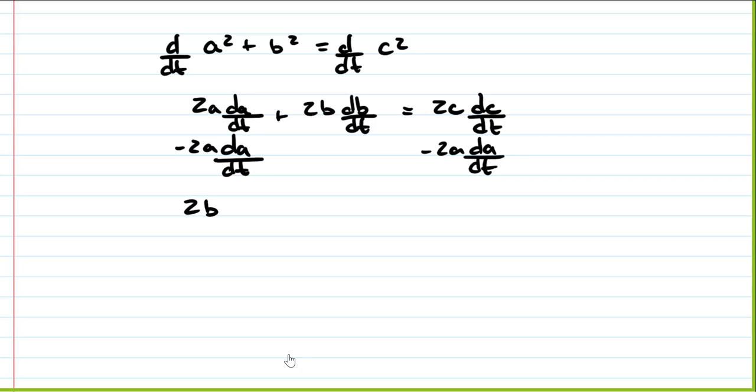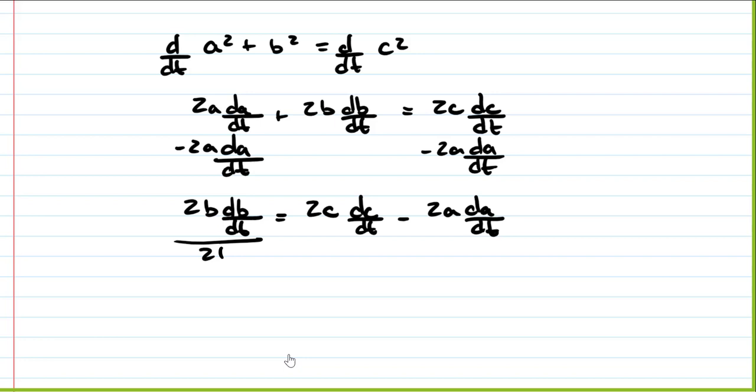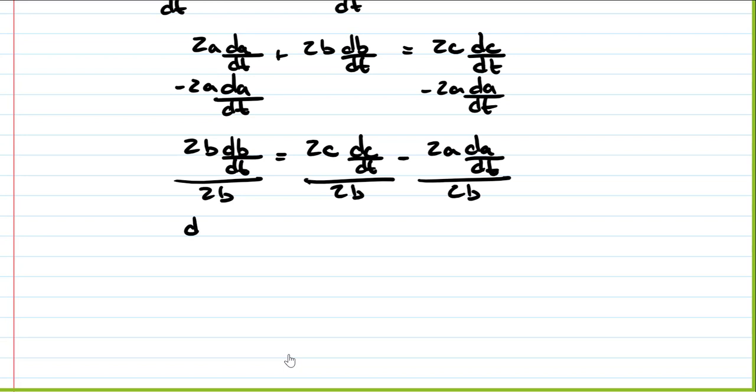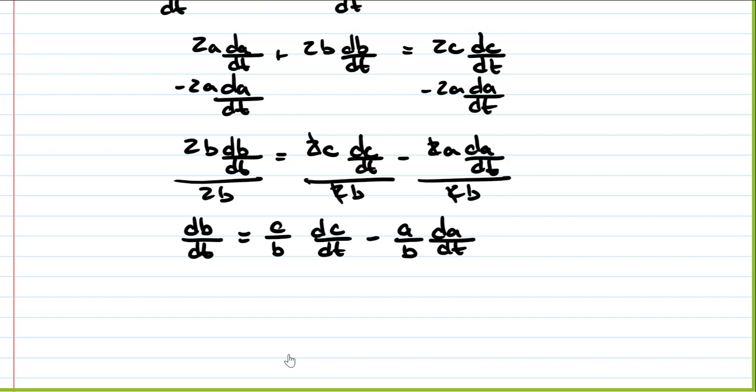And that leaves us with 2b times dB/dt is equal to 2c dC/dt minus 2a dA/dt. And we divide everything by 2b to get dB/dt by itself. So our 2's are going to reduce out, and we get c over b dC/dt minus, the 2's reduce out here, a over b dA/dt.